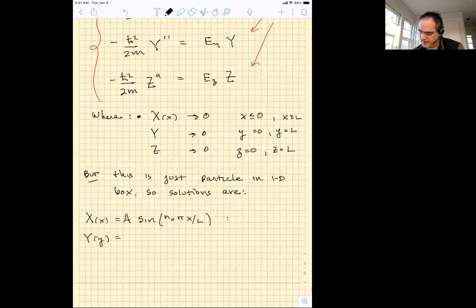Y of y is equal to some other constant, b, times sine n y pi y over L. And z of z is equal to some other constant times sine of n z pi z over L, where n x, n y, and n z are each quantum numbers that can take on values 1, 2, 3, and so on.